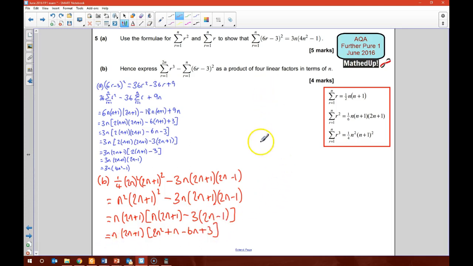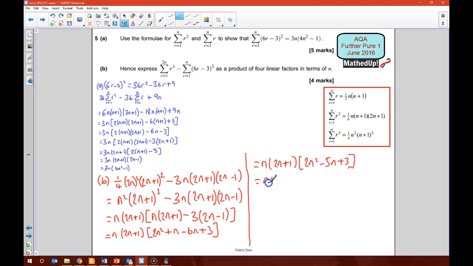So that's going to be equal to n times 2n plus 1, and then here I'm going to have 2n squared take away 5n plus 3.